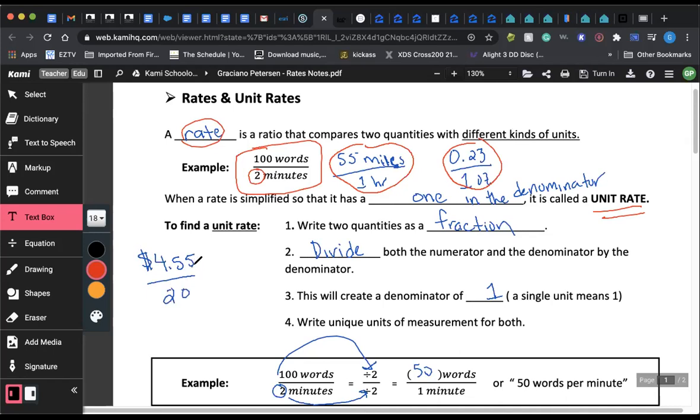I have to spend $4.55 for the 20-ounce cup, and then all I did was divide both my numerator and my denominator by 20. I didn't necessarily have to do this step because I know that 20 divided by 20 is going to give me 1. And so all I did was focus on $4.55 divided by 20 to give me the price that I was looking for. Okay.